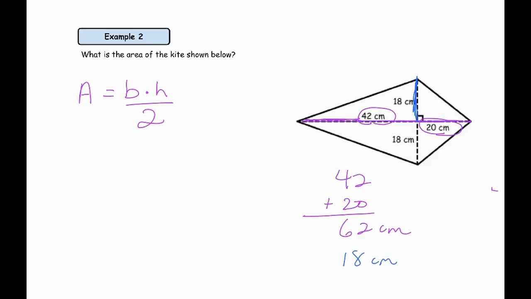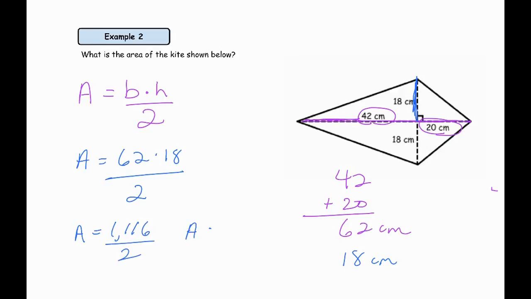Okay, so I'm going to go ahead and take those two dimensions and plug them right into my formula to figure out what the area is. So area equals 62 times 18, which I'm then going to divide by 2. When I go ahead and multiply 62 times 18, I get 1,116, divided by 2, which actually equals 558 centimeters squared.